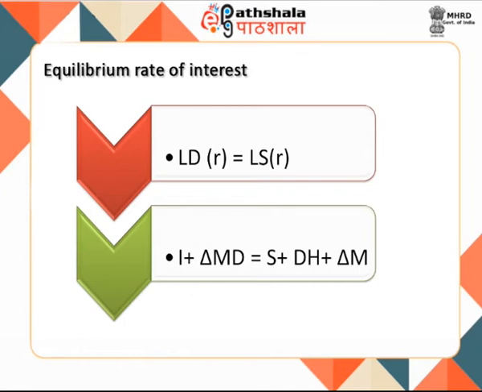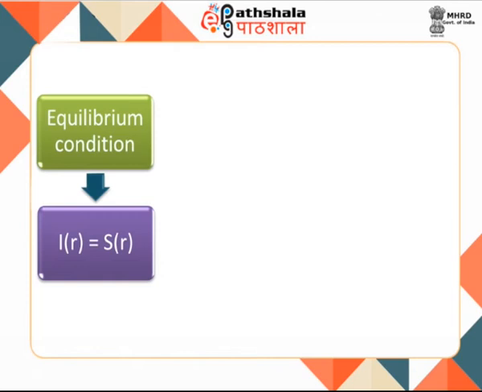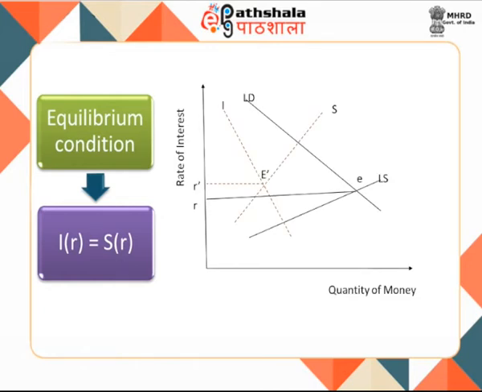In contrast, in the classical theory, the equilibrium condition determining the rate of interest is given by I equal to S. In this figure, LD, LS, I and S are functions of rate of interest. Delta MD is not shown separately but can be derived as the horizontal distance between the LD and I lines.